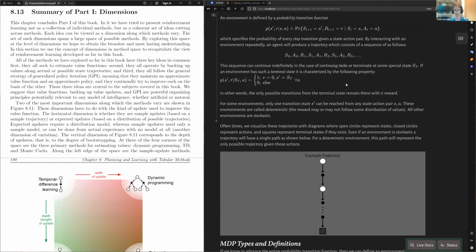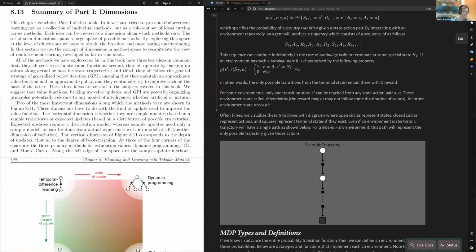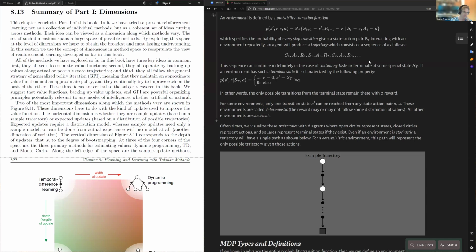If the environment is deterministic, all the transitions would have a probability of one, and all you need to define is which transition state you end up in from a given state action pair. If the environment is stochastic, then from a given state action pair, there could be multiple transition states that you end up in. So that's the setup for all the problems considered in this book.